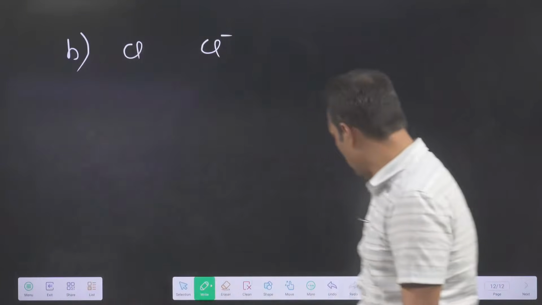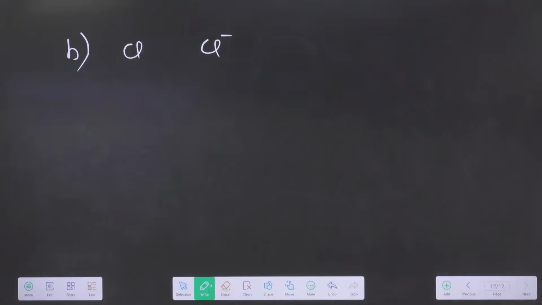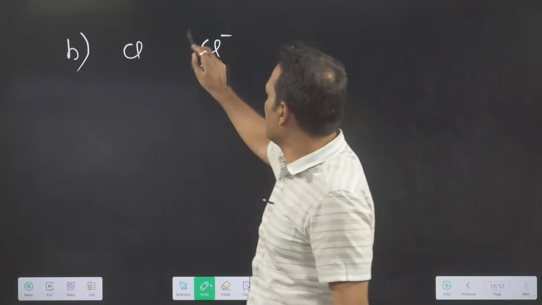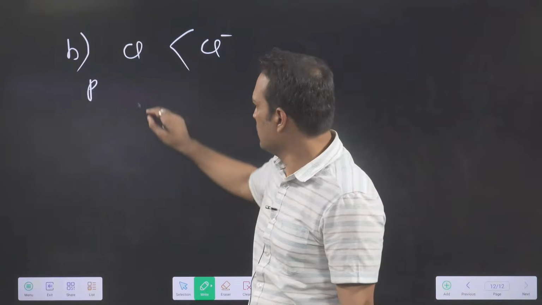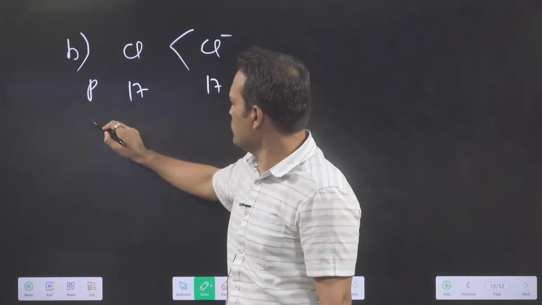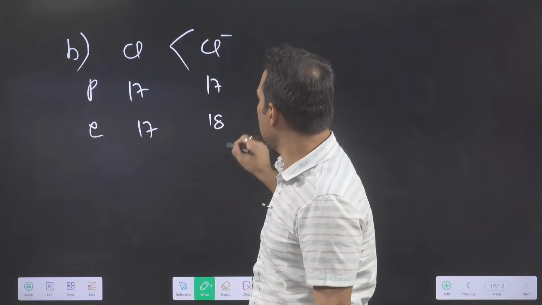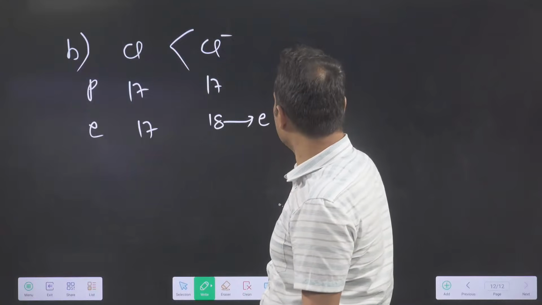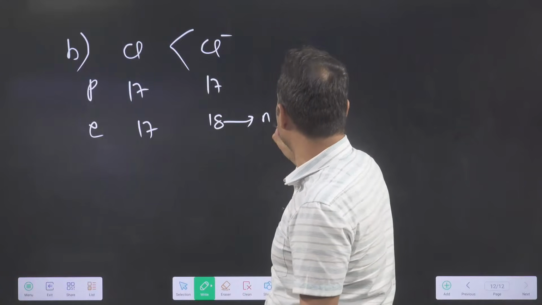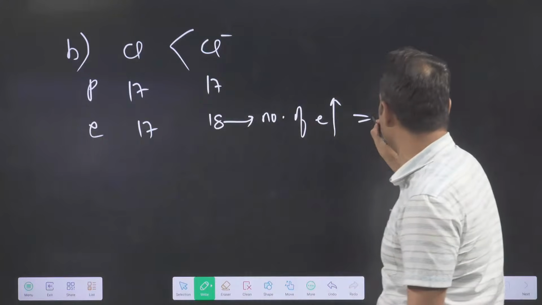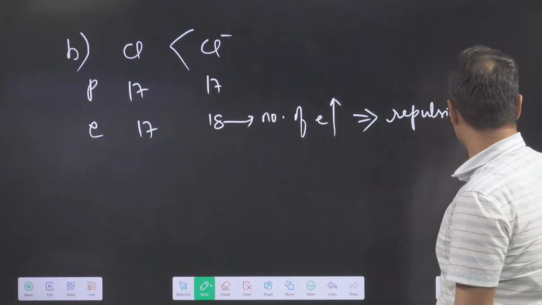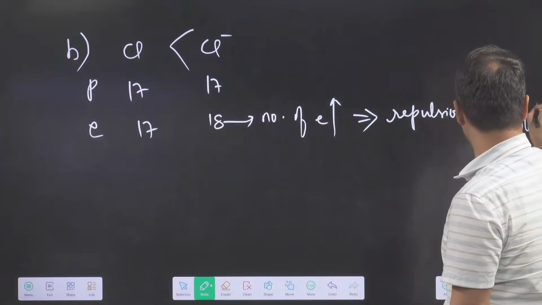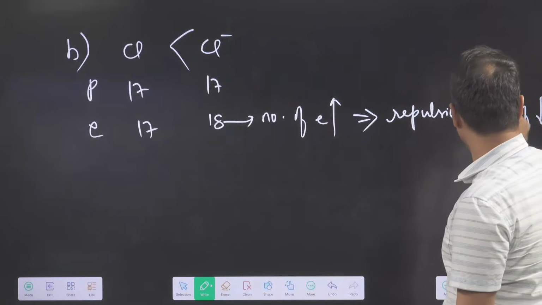Cl minus. Tell me, who is bigger now? Who is bigger now? Anion. You will say why? Proton increased. Huh? You will say no, sir. Electron increased. And if number of electron increases, that implies repulsion increases. That implies Z effective decreases.